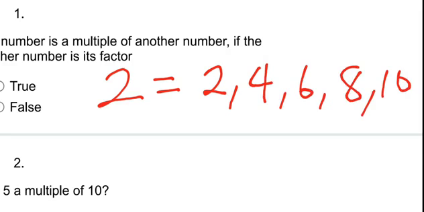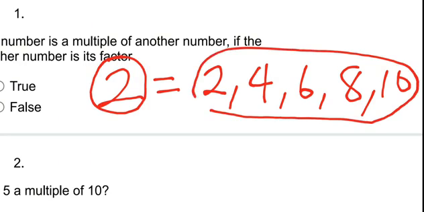Now, 2 is a factor of all these multiples. So a number is a multiple of another number if the other number is its factor. So the answer will be true. Exactly.